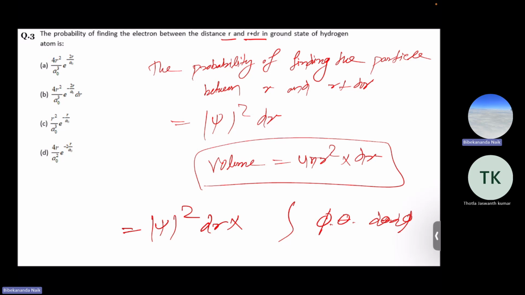So this is 4 pi r square, and it will come out to be psi mod square dr into 4 pi r square.